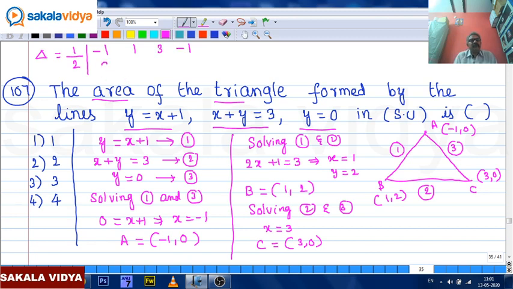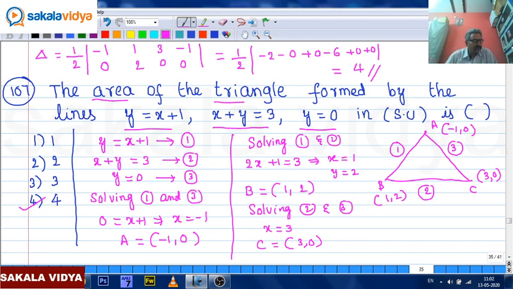Y coordinates 0, 2, 0, 0. That is half modulus of minus 2 minus 0 plus 0 minus 6, 0 plus 0. This will be mod minus 8, 8, half into 8 is 4. So, fourth option, option number 4.